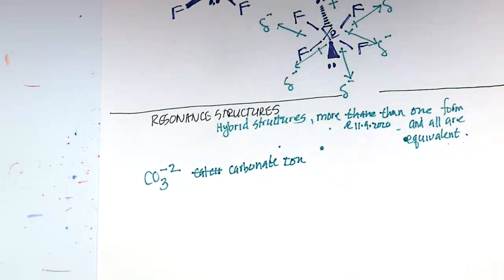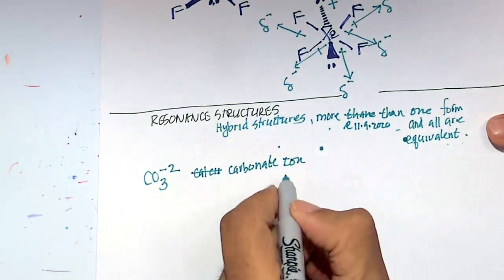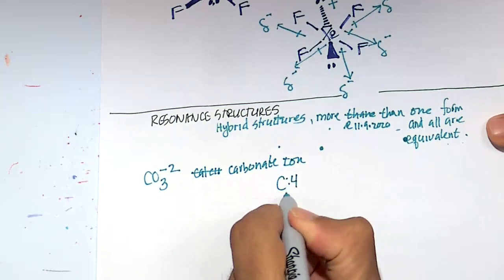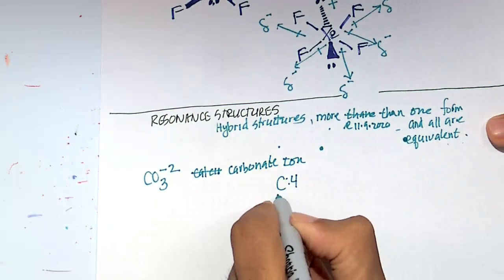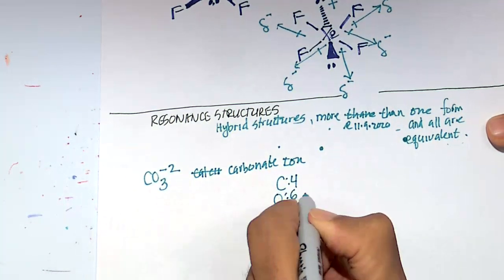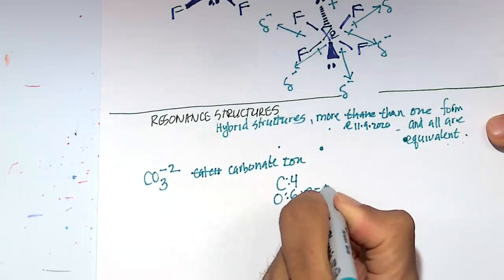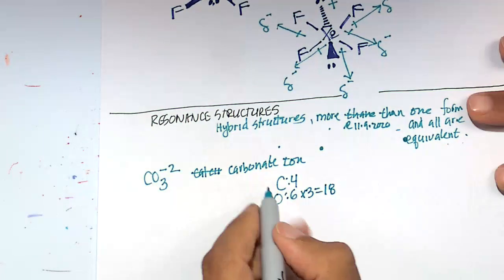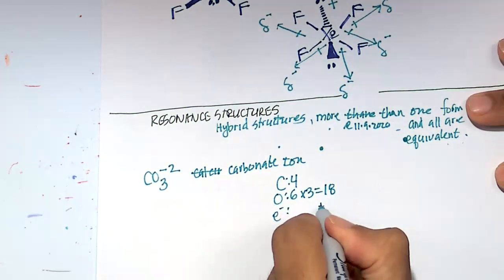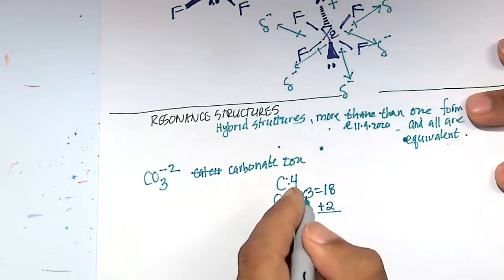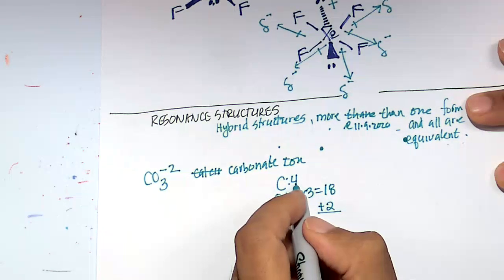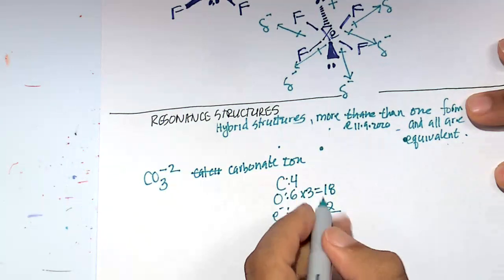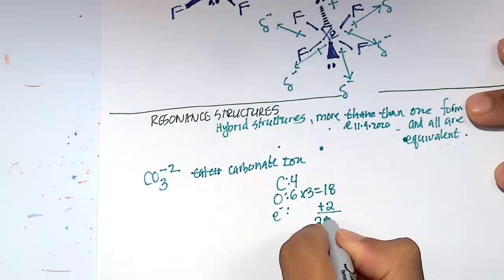Okay, so let's draw this. Carbon is happy at 4. Oxygen is happy at 6, but we have 3 of these oxygens, so 6 times 3 is 18. And minus 2, what does the minus 2 mean? It means we gained 2 electrons. So 4 plus 18 is 22, 22 plus 2 is 24.